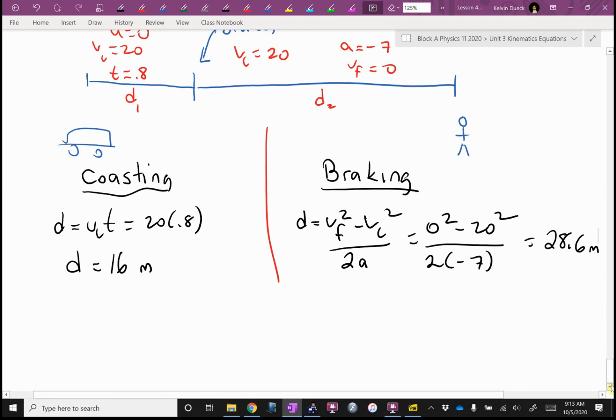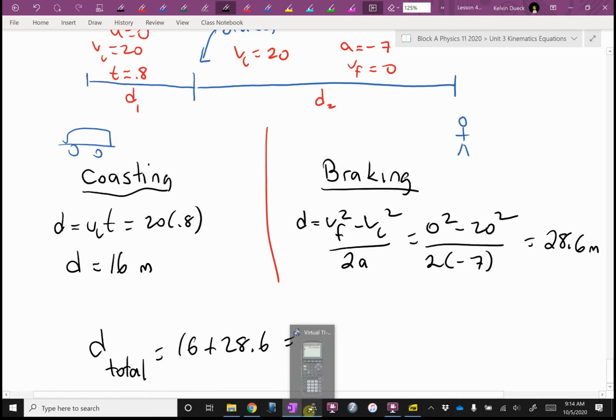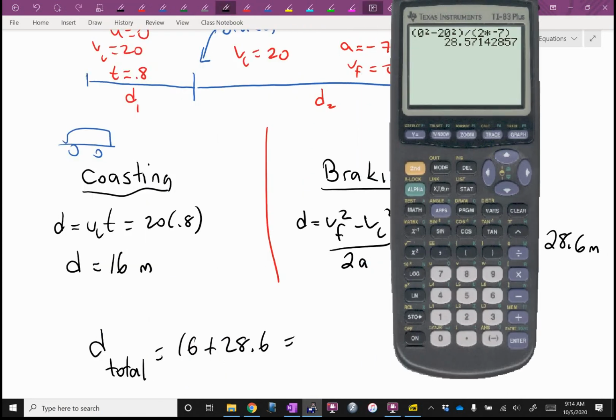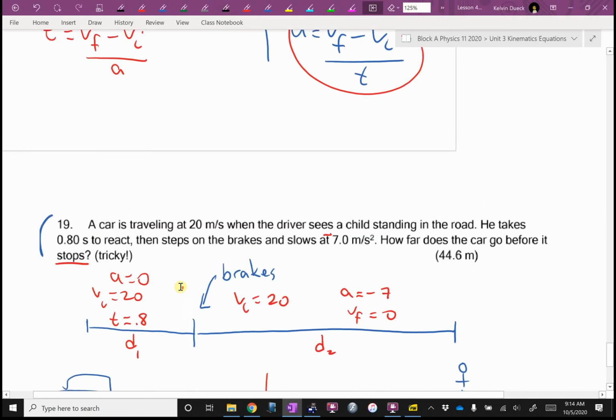I'm going to write 28.6, but guess which button I'm going to use on my calculator? Darn right, the answer button: more accurate, less error, less typing, triple win. I hit plus answer, add the extra 16 in there, and you get 44.6, which I hope is what the answer key said.